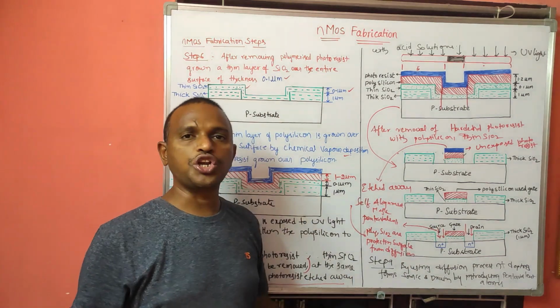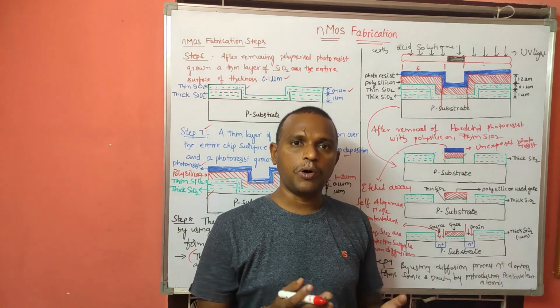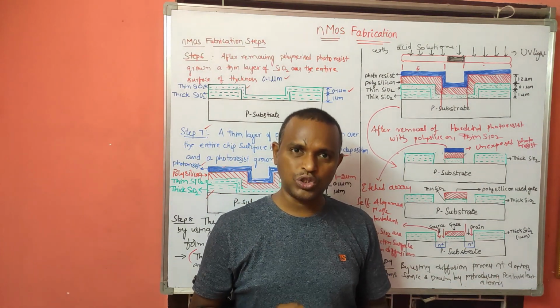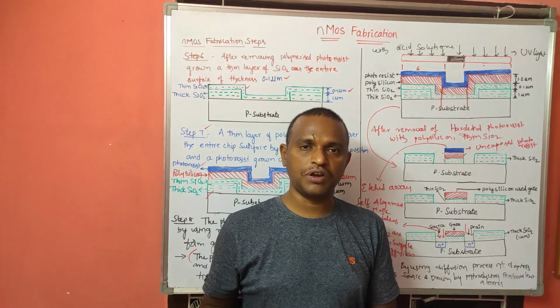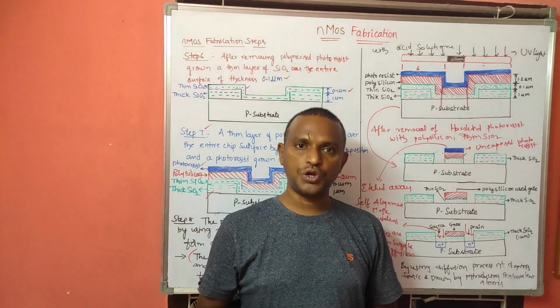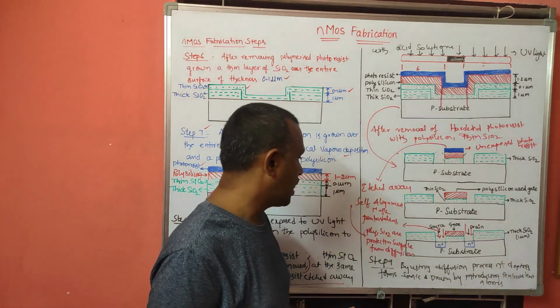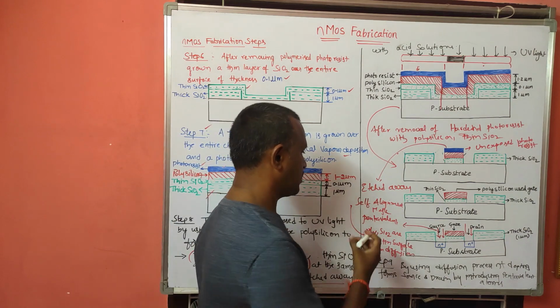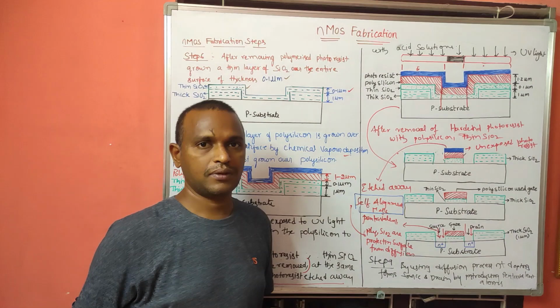Okay, so there is no need of using a mask here, because the polysilicon and thin SiO2 are protecting the surface of the wafer from the diffusion process. That's why it is called what? Self-alignment mask.